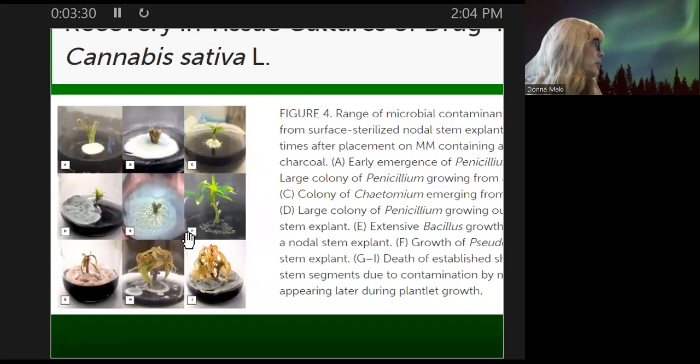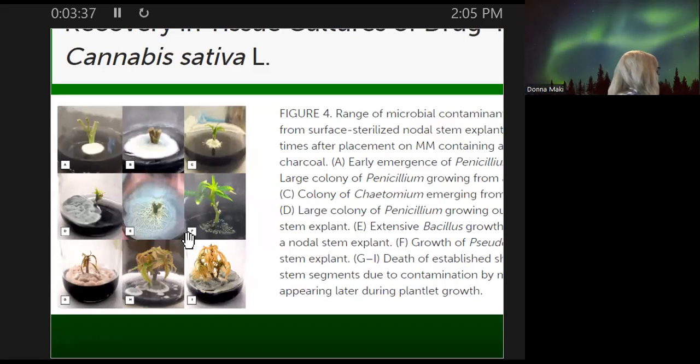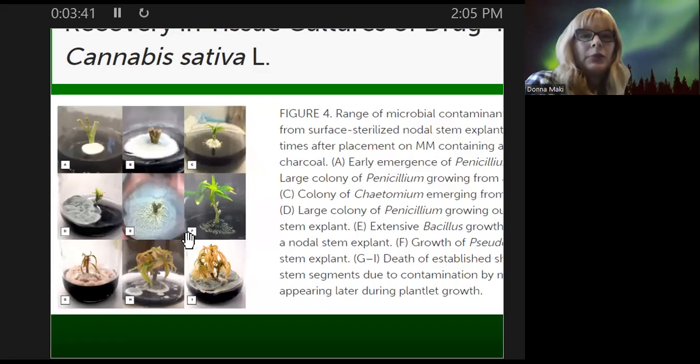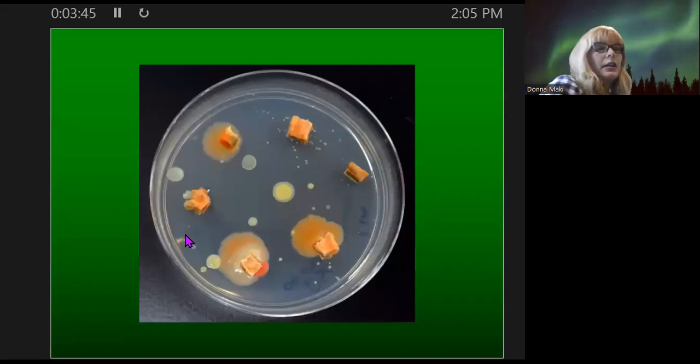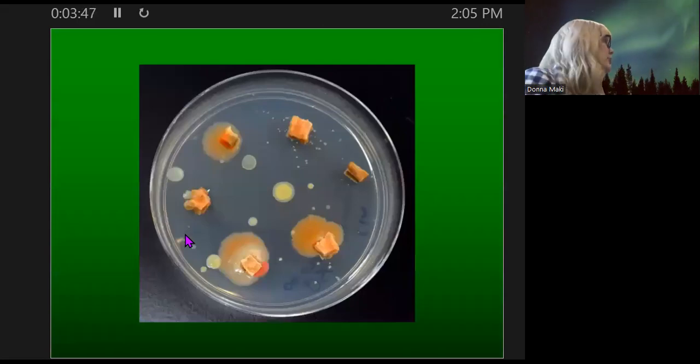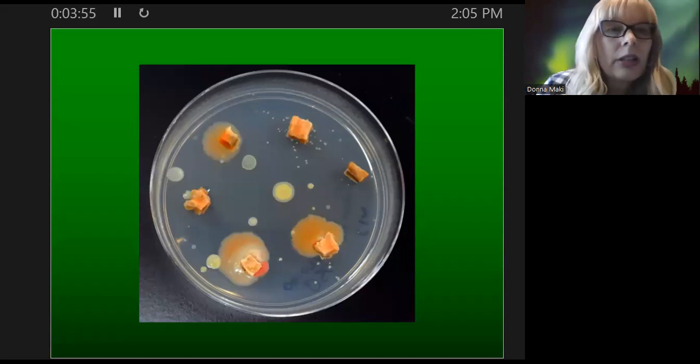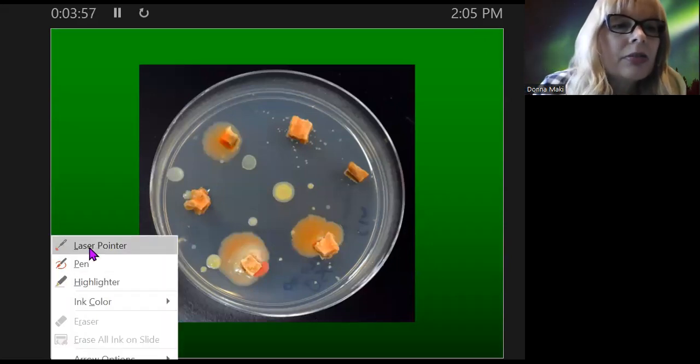Part of their research was looking at how to minimize this whole contamination issue, and they tried options with very limited success. Here's another nice demonstration of contaminants, a couple of different kinds. The plant tissue looks almost like carrot tissue.